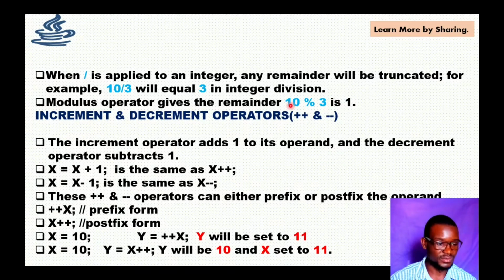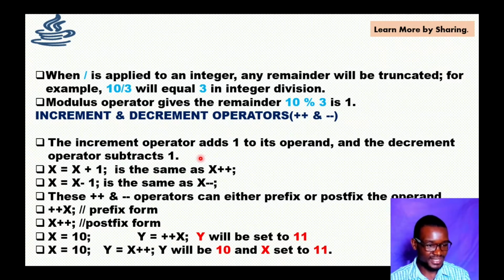Now we talk about the increment and decrement operators. The increment operator adds 1 to its operand, and the decrement operator subtracts 1 from the operand.